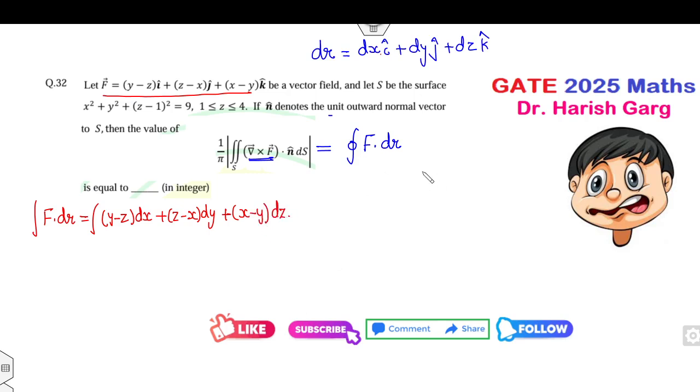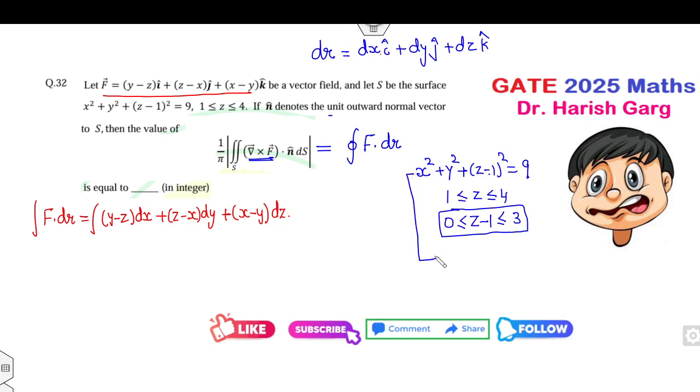Now, given that it's the equation of a sphere, but the value of z lies between 1 to 4. Can you find the value of z minus 1? This value lies between 0 to 3, and you can see that the 3 is my circle radius. So I can transform this equation to x square plus y square is 9 and z minus 1 will be 0.